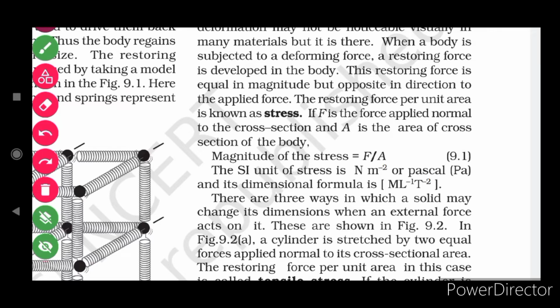I'll give an analogy. It's not a very good analogy, but it will help you understand why stress is defined in terms of the restoring force. There are so many things happening around us. Will they cause stress to us?